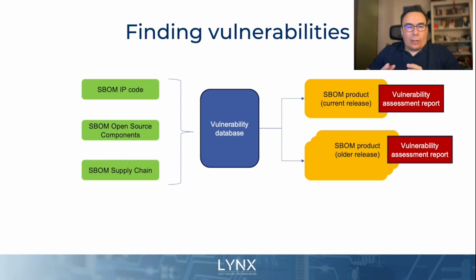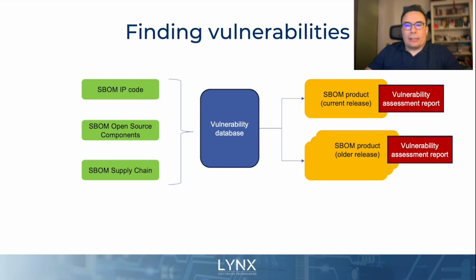So after the scan, you're going to receive a vulnerability assessment report. And that vulnerability assessment report should be tracked on a per product release. Why? Because each product release might have a different software composition, versions and packages, right? So it's important to do this type of scanning for every release of a product. And then, of course, keep tracking that information over time.